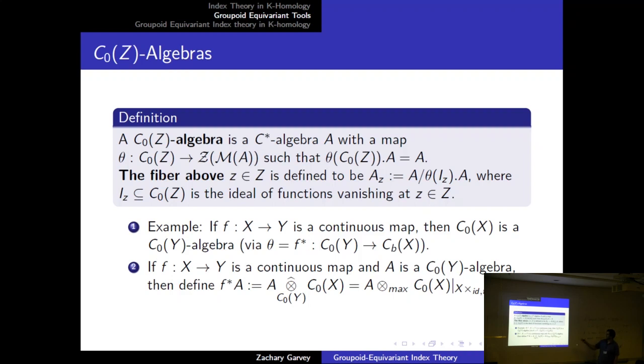Okay, so we know that C0(X) in this situation could be a C0(Y) algebra. And so if you've got one of these maps and you have a C0(Y) algebra, we can pull it back to a C0(X) algebra by taking a C0(Y) balanced tensor product between A and C0(X). So that's what I mean by pullback. If you want to pull back an algebra, you tensor it with C0(X) over C0(Y).